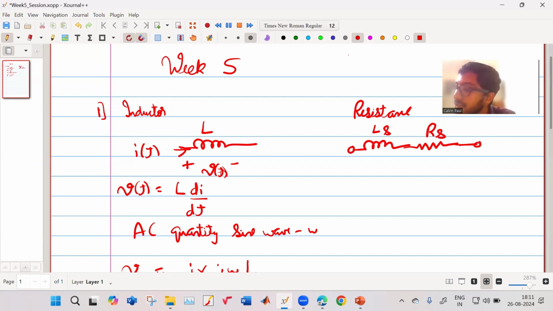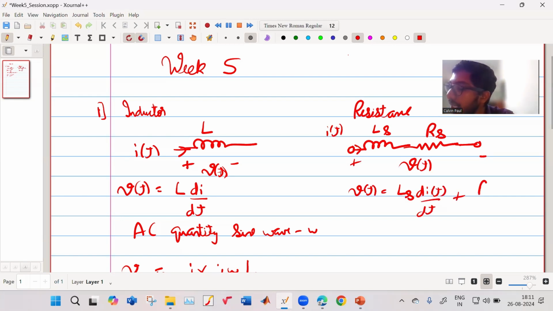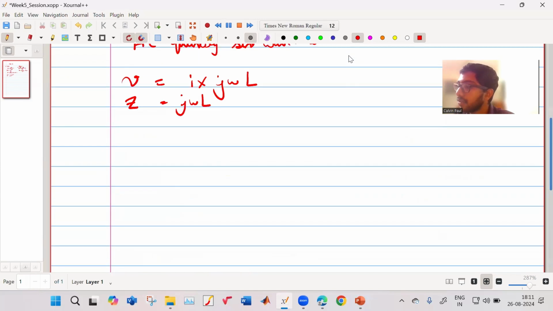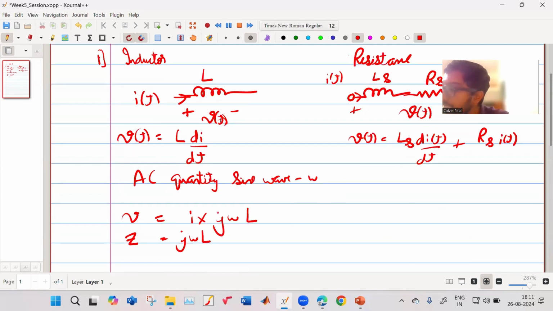Okay. So now if we find the differential equation, V of t is given by Ls di of t by dt plus Rs into I of t. And that impedance Z is given by j omega Ls plus Rs.